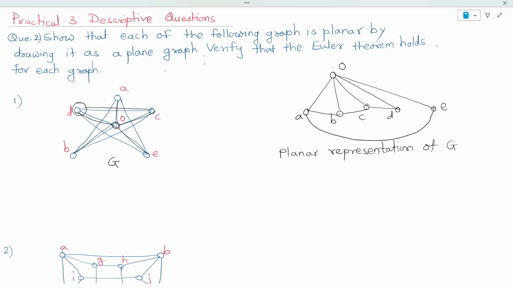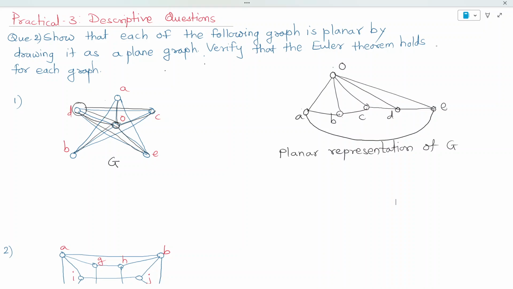D is adjacent to C, O and E, out of which DO and DC are drawn. Only DE was remaining and I have drawn that also. So you can observe that no two edges intersect in the interior. So this is a planar representation of graph G.